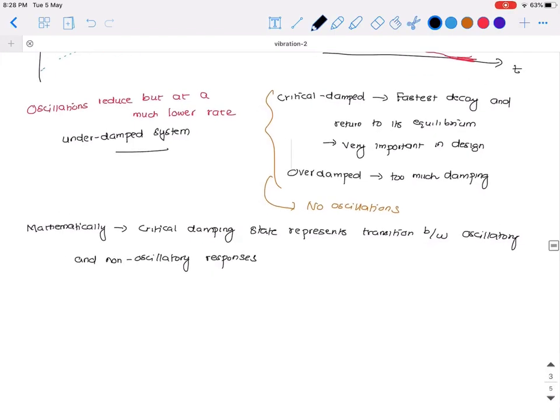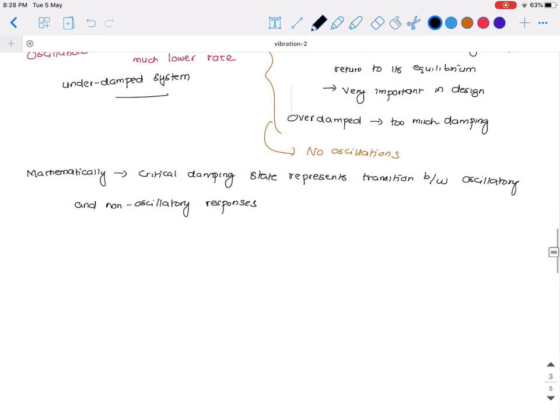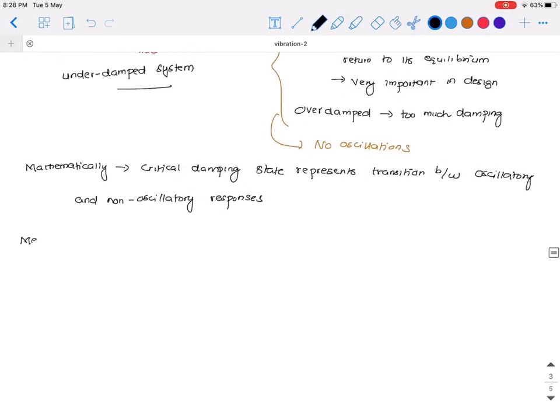Okay, so now if we have oscillations in the system, how do we measure the damping?